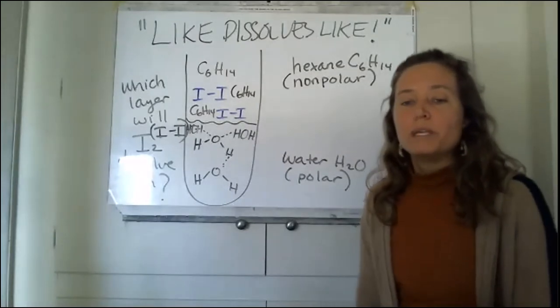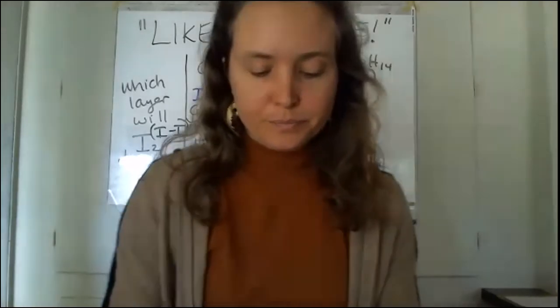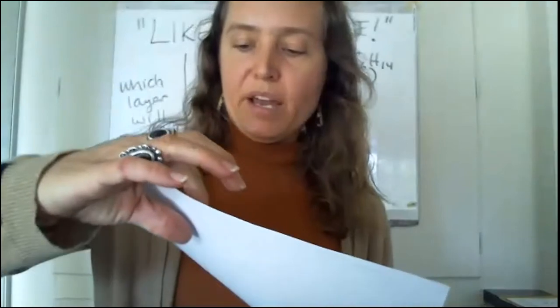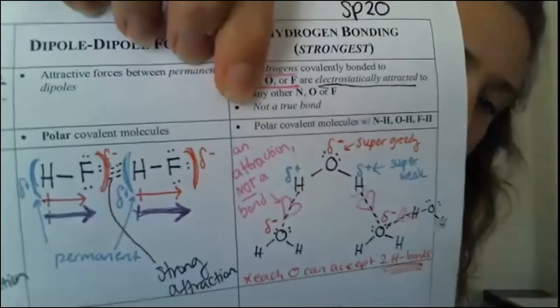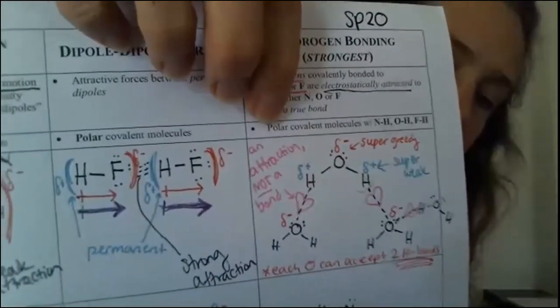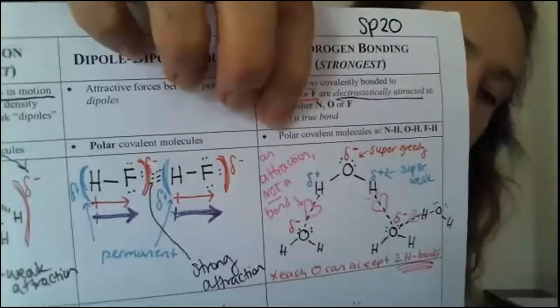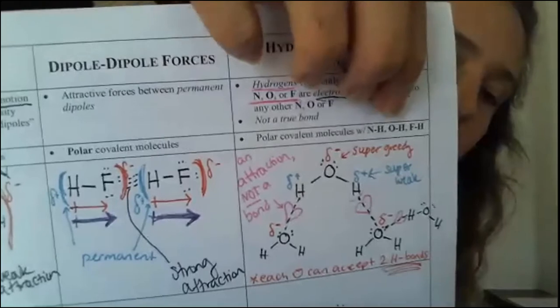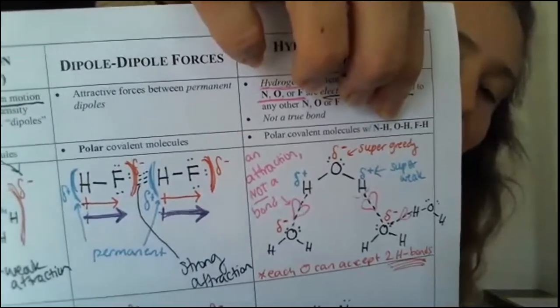Okay, well, people that are saying hydrogen bonding, what did we say about hydrogen bonding? What has to be present in the molecule for a hydrogen bond? Are those molecules polar? And in addition, do they have an NH, OH, or FH?